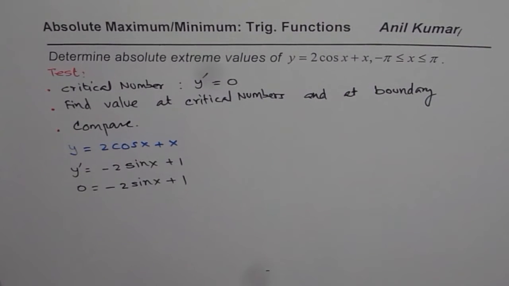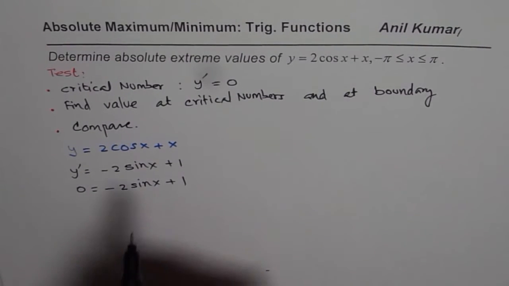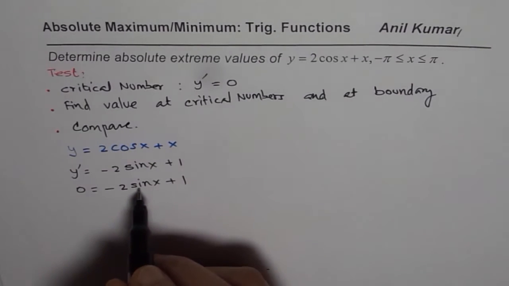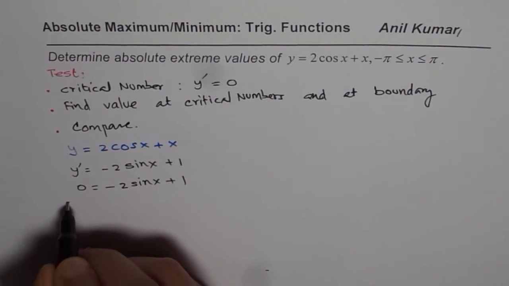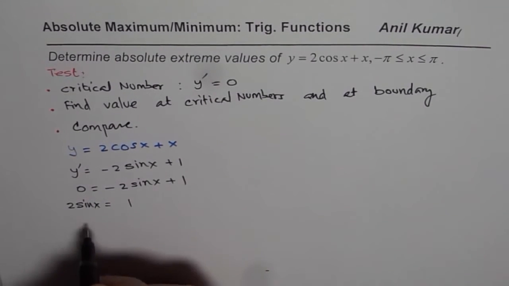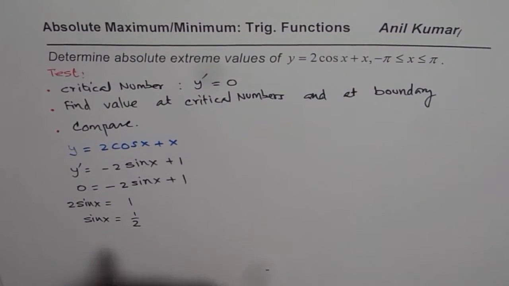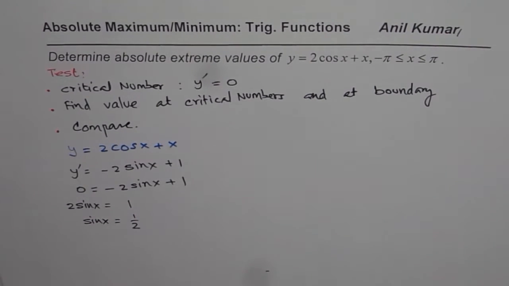So from here, we can find the zeros. We can write this as 2 sin x equals 1, or sin x equals half, right?